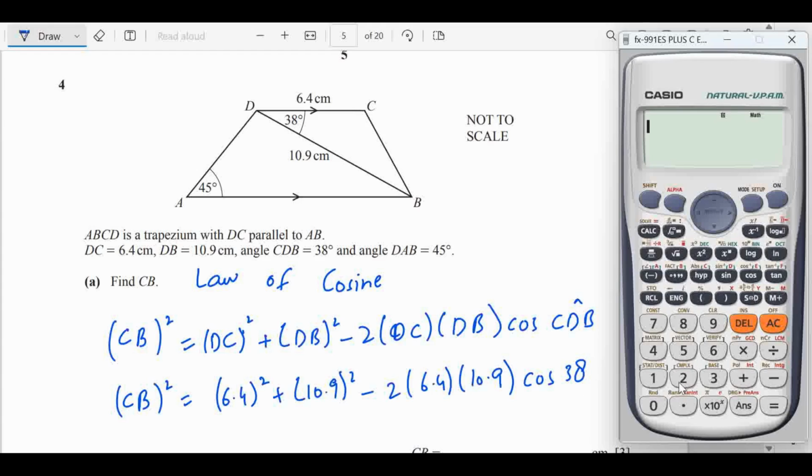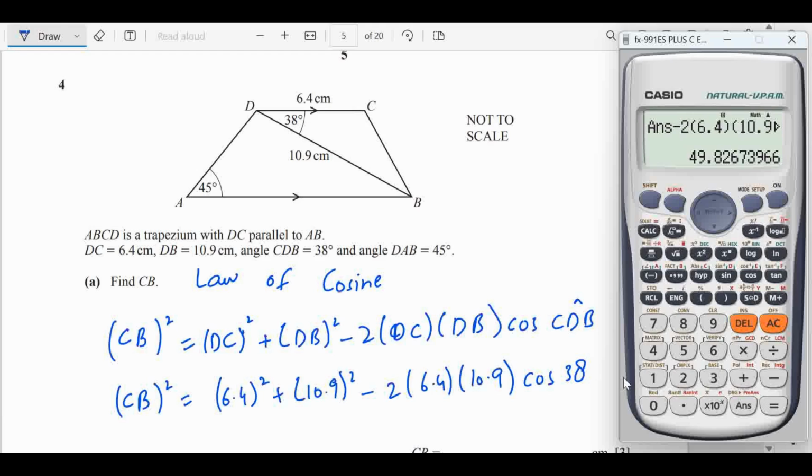Now we can directly find it out. So 6.4 square plus 10.9 square minus 2 into 6.4 into 10.9 into cos of 38. This will be equals to 49.83.